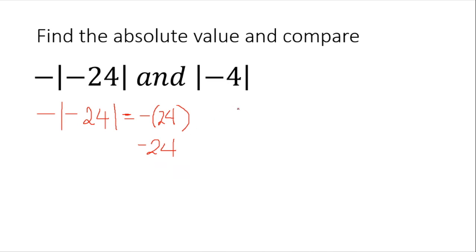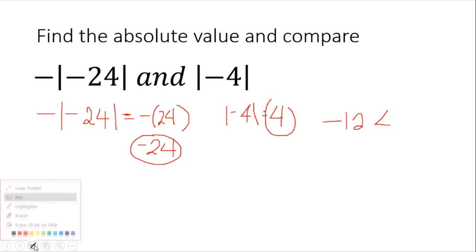Mababa. Okay? And then, negative 4, absolute value of negative 4 is equal to positive 4. So, i-compare natin to negative 24 at saka positive 4. So, knowing negative, of course, maliit yan, mababa.